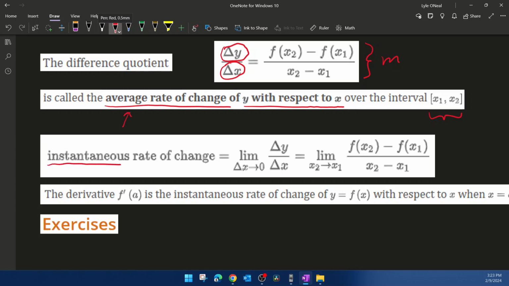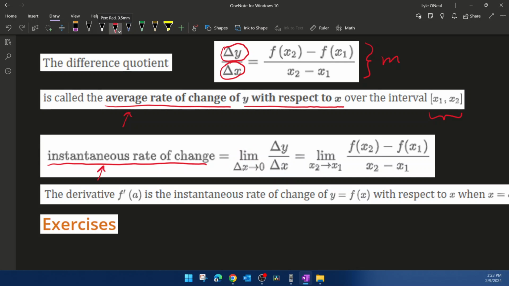However, the instantaneous rate of change is the limit as the change in x approaches 0 of the same formula. So if x2 approaches x1, notice then the denominator would approach 0. And whatever that limit approaches is going to be our instantaneous rate of change.